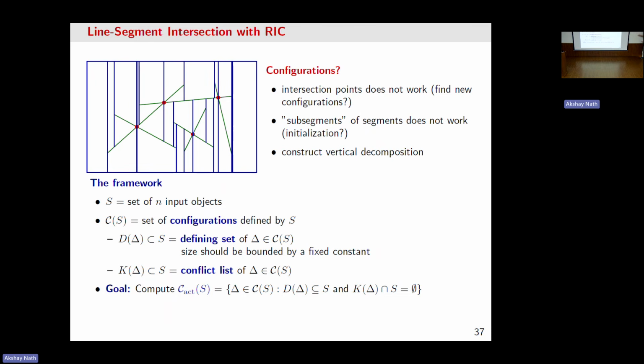Okay, so now I add the next one. What happens? It's in conflict with this and this. So I delete these 2 trapezoids. And instead, I create a number of new trapezoids. And I update the conflict lists.